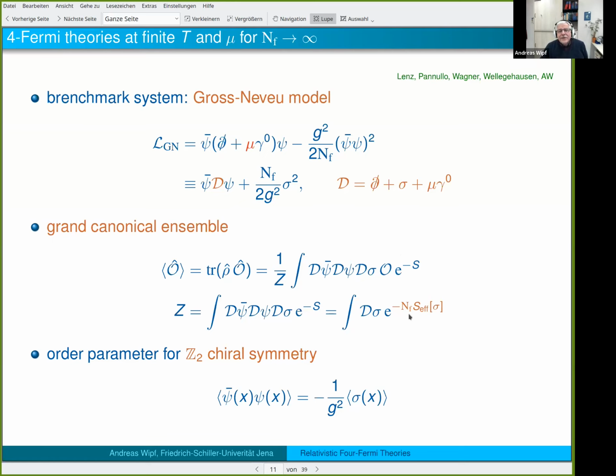So altogether, after getting rid of the fermions, you get an effective action containing the log determinant of the fermions, with a factor NF in front of the effective action.